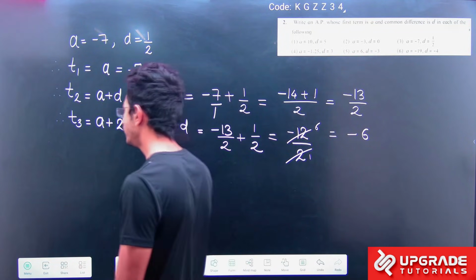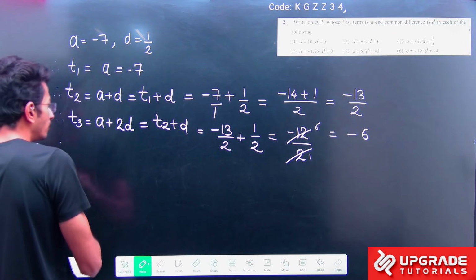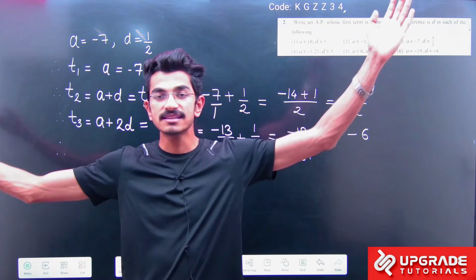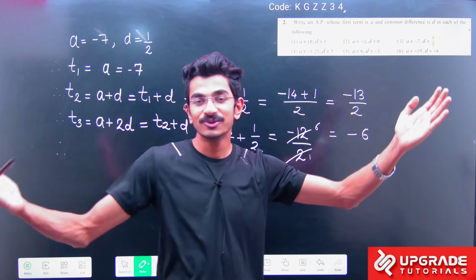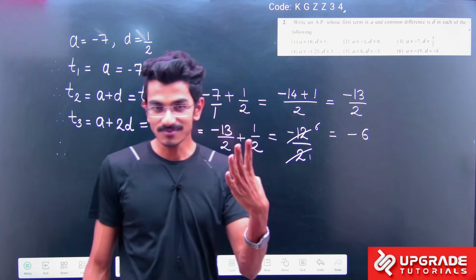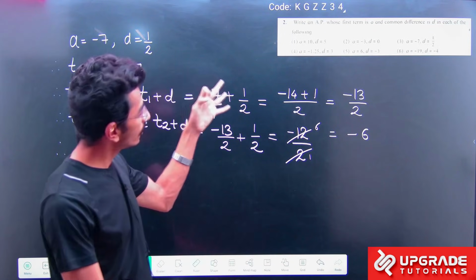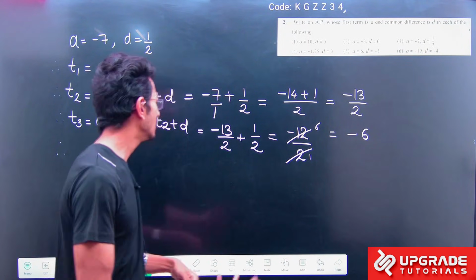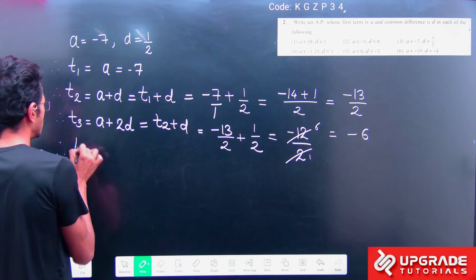It is okay if you find 3 terms. They did not ask to find the whole series, otherwise you would go on and on, and the series is never ending. So just find 3 or 4 terms and you can stop. We have found 3 terms, but for extra marks you can find the 4th term.